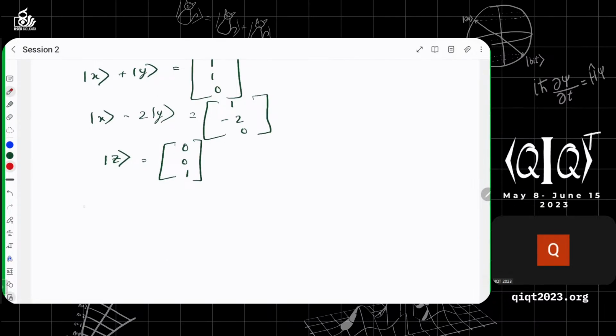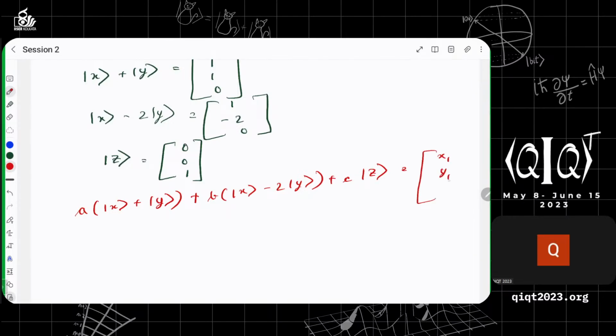Okay, now let's say we have to take a linear combination. So a(x plus y) plus b(x minus 2y) plus cz. So basically, as I said, linear combination is just taking the vectors, multiplying them by some numbers, and then just adding them. So it would be something like this, and we want this to be our x1, y1, z1.